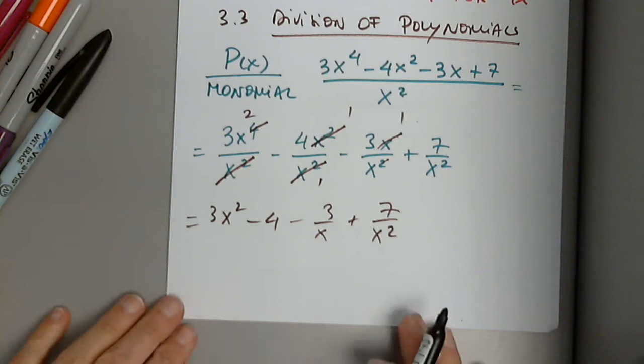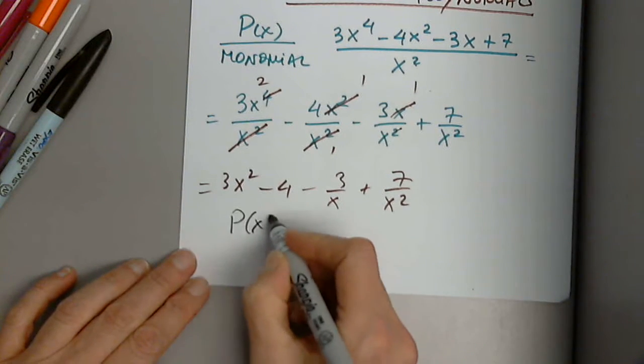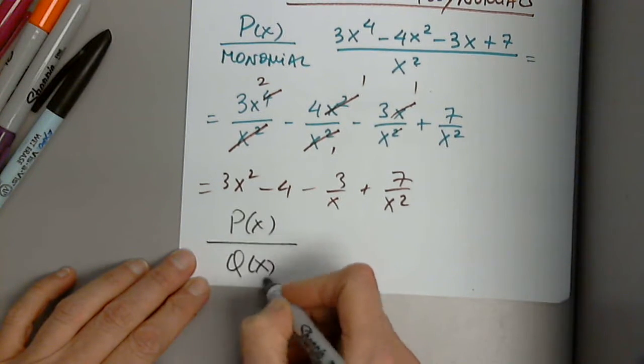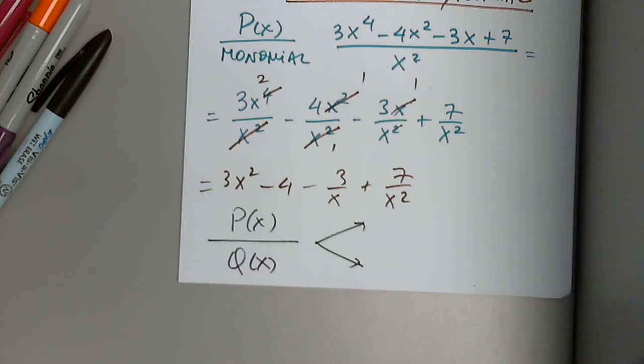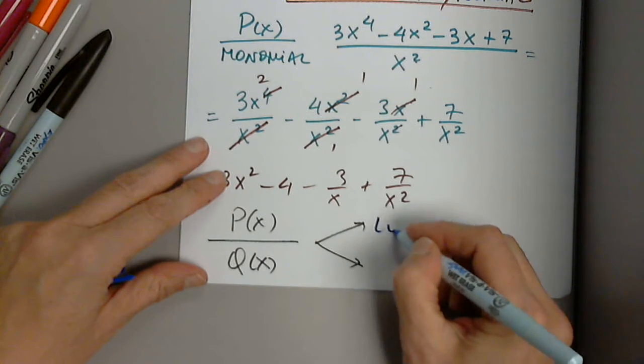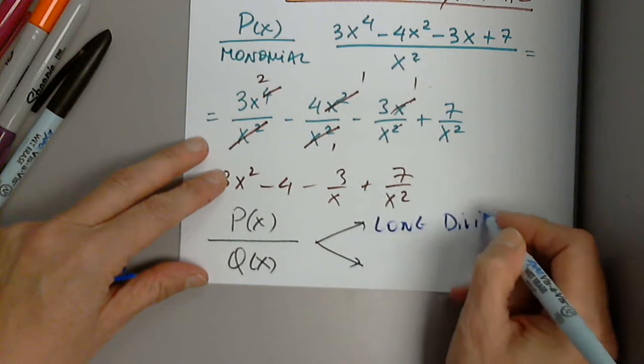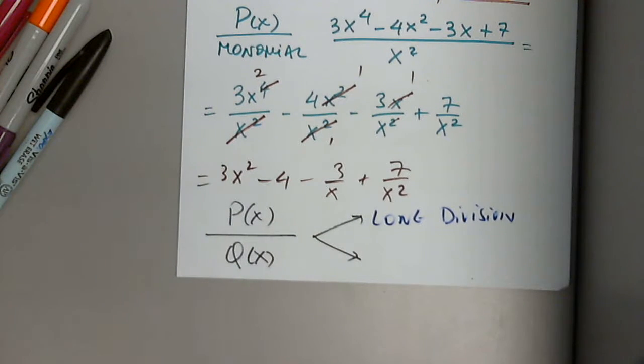But what I want to refresh your memory on is when we divide 2 polynomials. There are 2 possibilities, 2 options. When we divide 2 polynomials, regardless of what they are, we can use long division, which I will refresh your memory on in a minute.